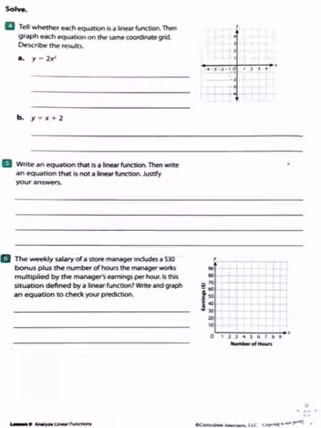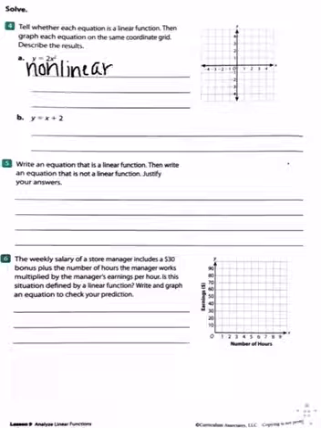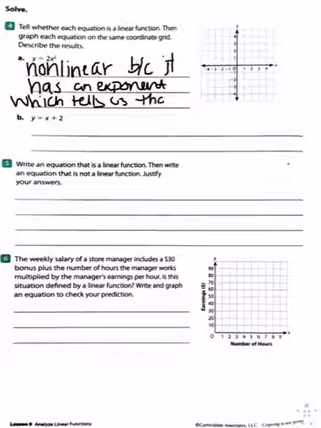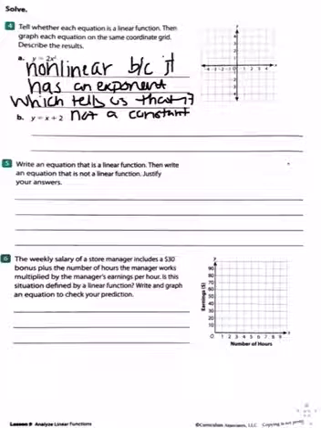Problem number 4. Tell whether each equation is a linear function, then graph each equation on the same coordinate grid. Describe the results. So the first one, letter A, is nonlinear because it has an exponent, which tells us that it is not a constant rate of change.